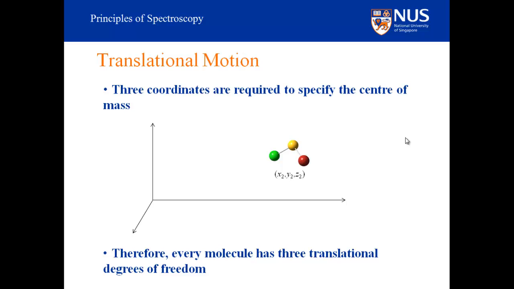A pure translation is one in which, during the motion, there is no relative change in the internal coordinates of the molecule, i.e. no rotation and no vibration. So of the 3n degrees of freedom for our polyatomic molecule of n atoms, 3 of those degrees of freedom can be identified as pure translations.